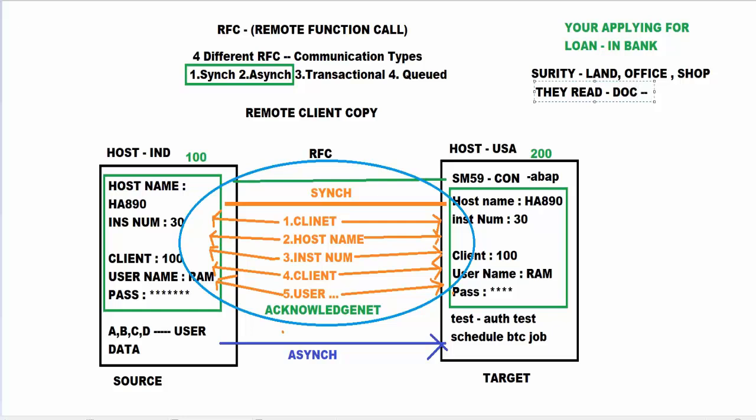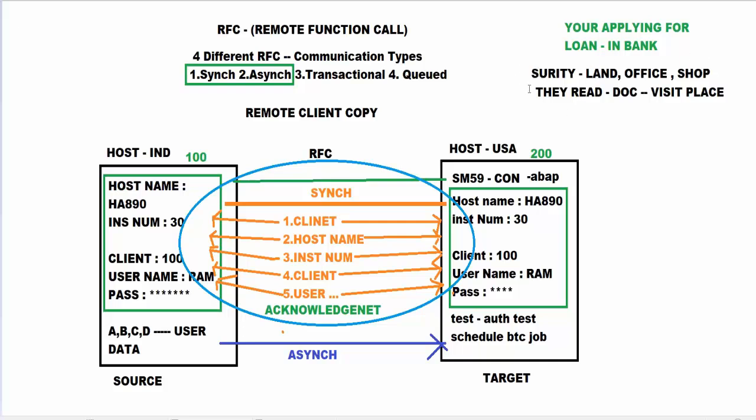No, they definitely visit your place. If on surety you are giving land, or telling them the office is located here, the shop is there, I'm maintaining one shop, one office, I have a 2 acre or 10 acre land, for that you are putting some surety.